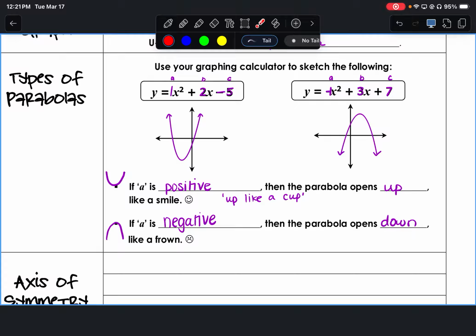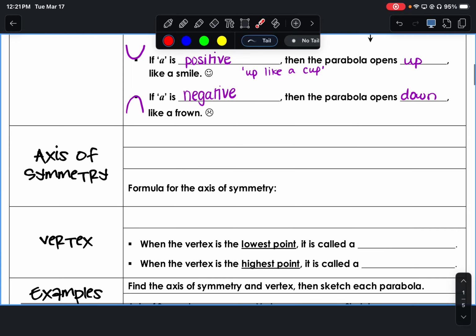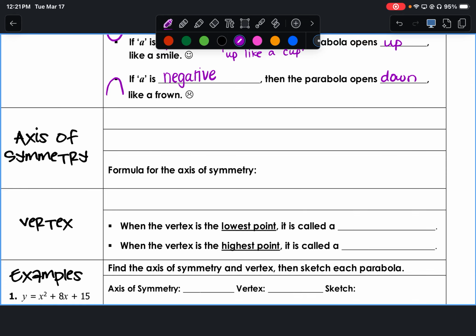What does it mean to be symmetric? Same on both sides. So the axis of symmetry is just the line at which if you were to fold it, both sides would match. So we're going to write that out here. So the axis of symmetry is a vertical line that divides the parabola into two mirrored halves.